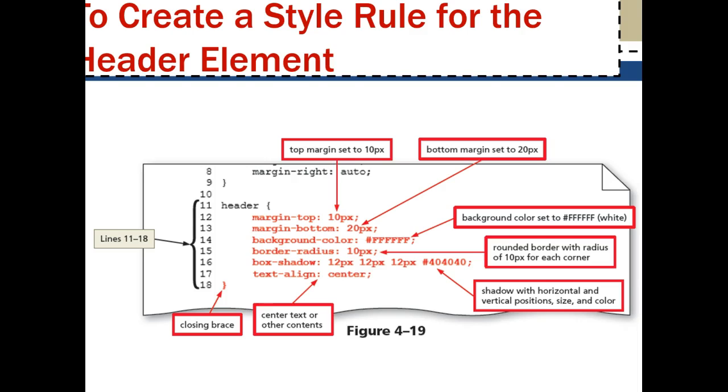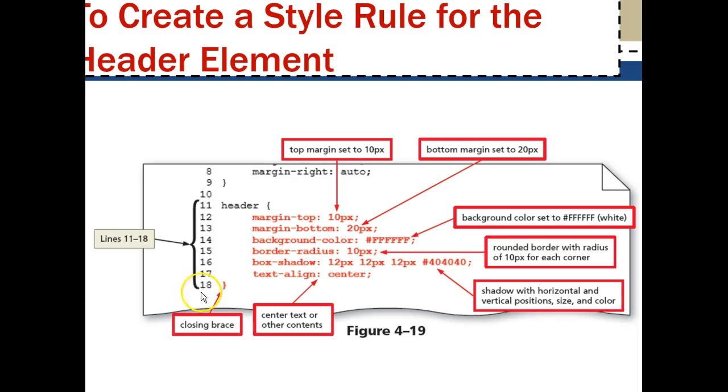To create a more distinctive design for the header element, we apply a rounded border and a shadow. And if we want to improve the appearance of the logo within the header, we can use the text-align property to center the header element's content.